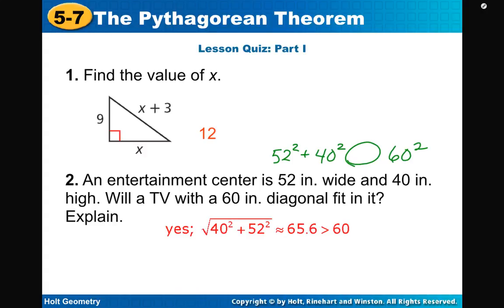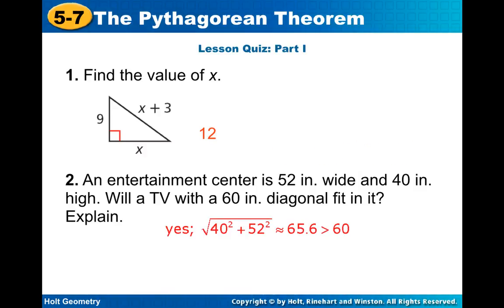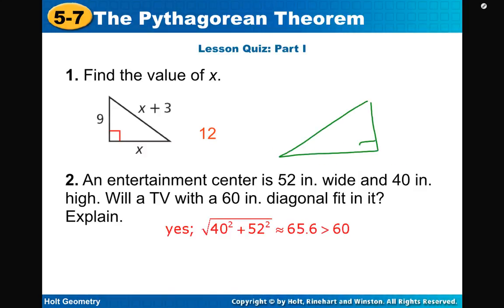So comparing, the c squared was bigger. Actually, what I'm saying might not be the way that you want to do that. You actually might just do, if it's a right triangle, figure out what the hypotenuse would be doing the Pythagorean theorem. Make sure that it's bigger than 60. I think that's more of what my work shows there.